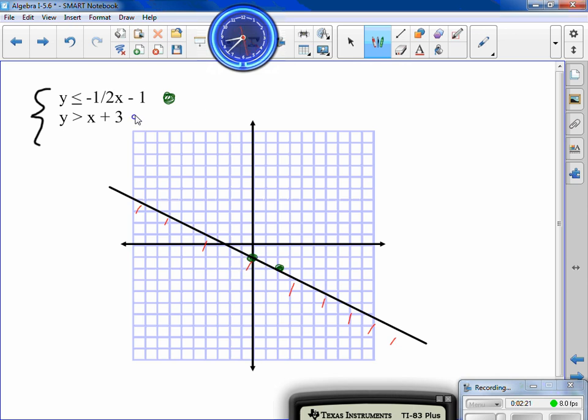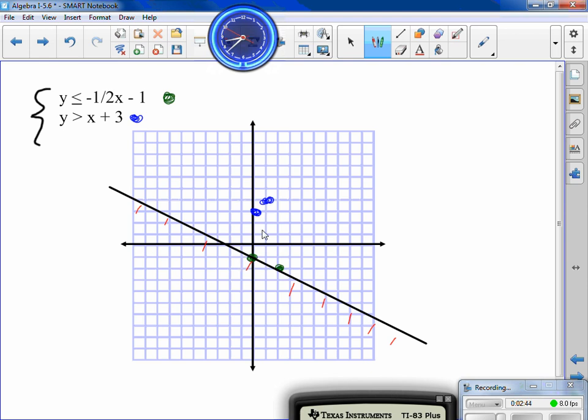Now I'm going to look at this one. Where do we start at? Start up 3. 1, 2, 3. What's my slope on this one? It's 1, which means 1 over 1. So I go up 1 to the right 1.